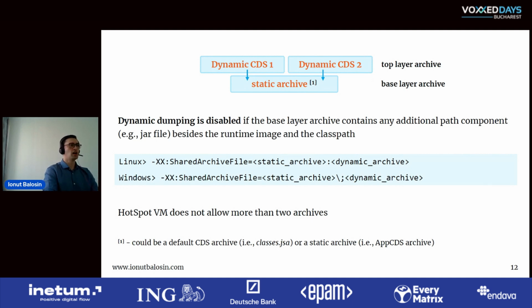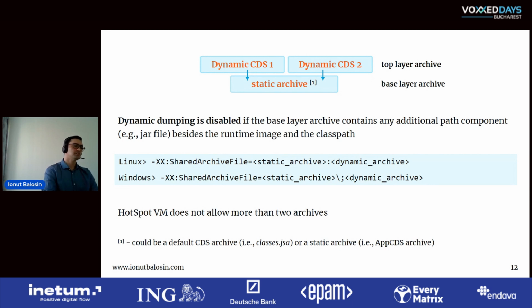And maybe one more important point to mention is the class path. Class paths are very sensitive, in both cases, AppCDS and dynamic CDS. What is particularly important to mention is that if you try to create a dynamic CDS archive, and that one is based on the static archive, which was created with a specific path, and you don't have the same path in terms of dependencies, this process is disabled.